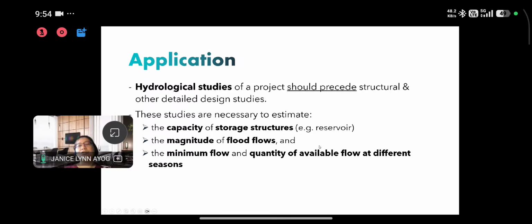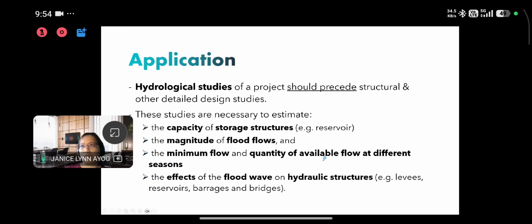That's the flood aspect. For the drought aspect, you want to know the minimum flow the river can retain, and whether the quantity is enough for the water treatment plant to take out for consumption or other usage.